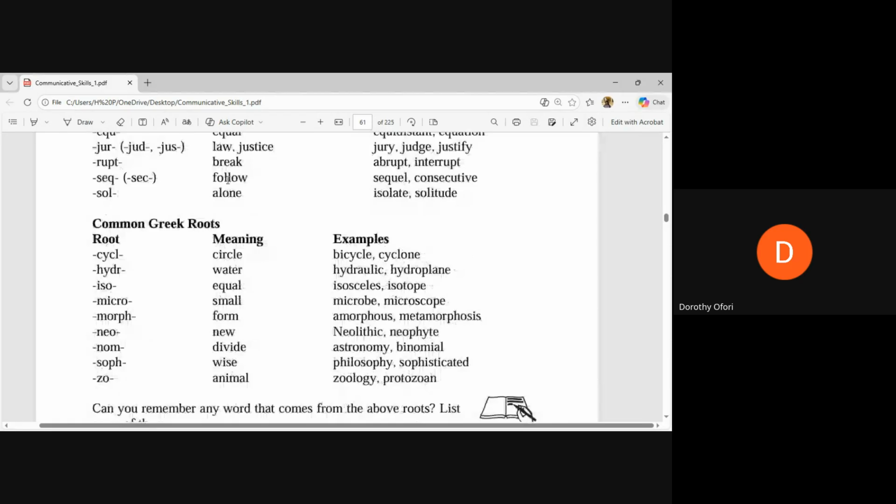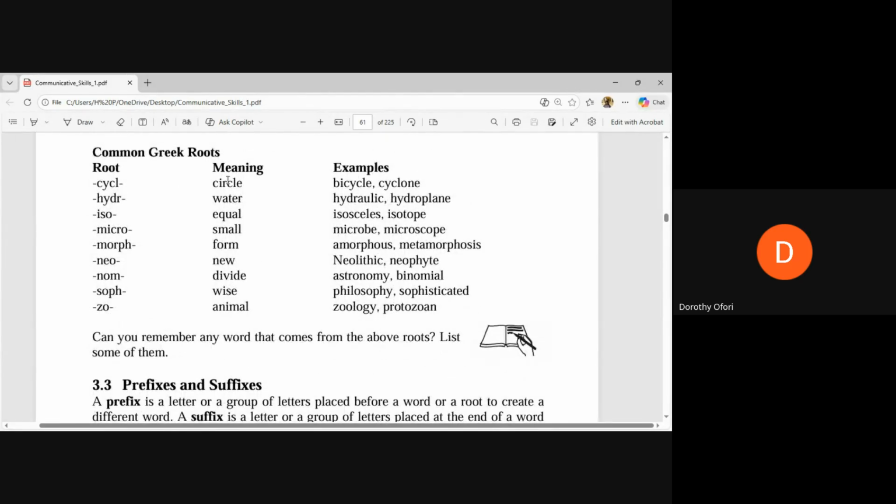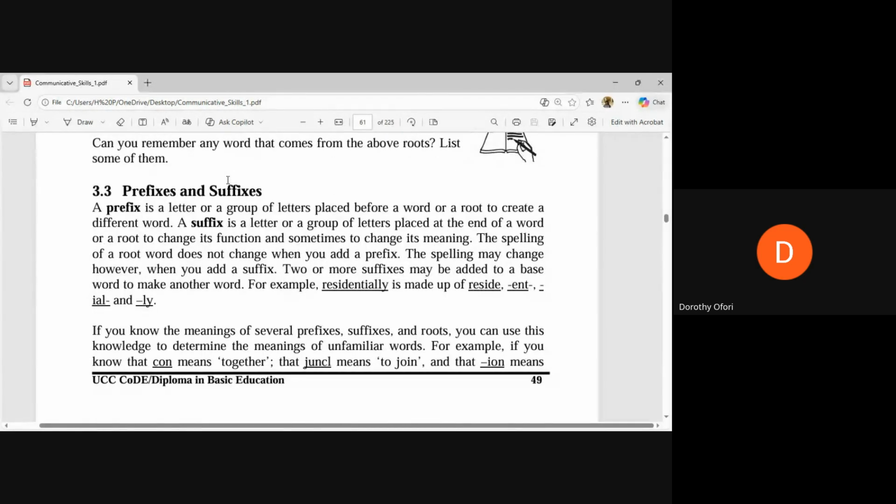All right. Now let's look at these. These are also Greek words, okay? Cycle and the rest, they are root words. So when you group them based on what constitutes the word, we can get the meaning. One important thing that is helpful, especially for examination sake, is when we use prefix and then suffix.